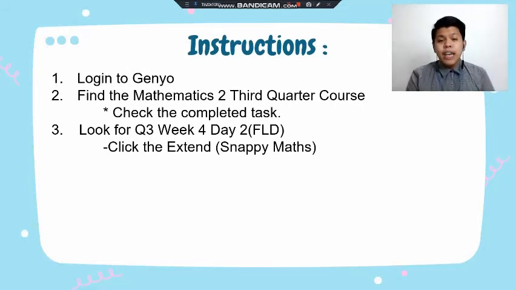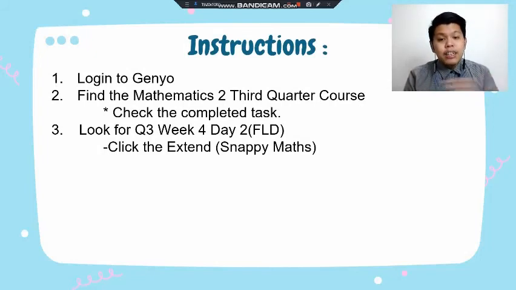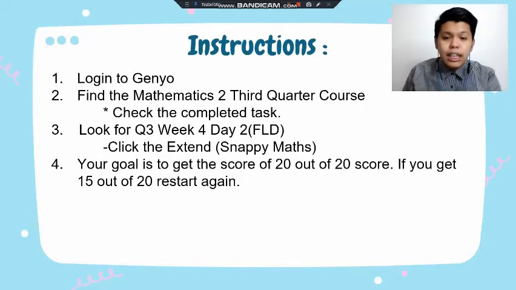So this is a new game where you will just identify what is the fraction showing. Okay, so there's a drawing and you will choose below what fraction is it. Your goal is to get a score of 20 out of 20 score.